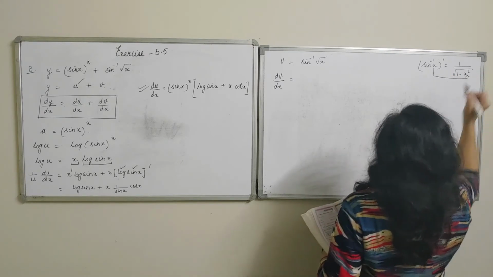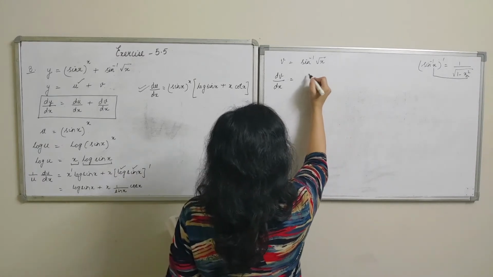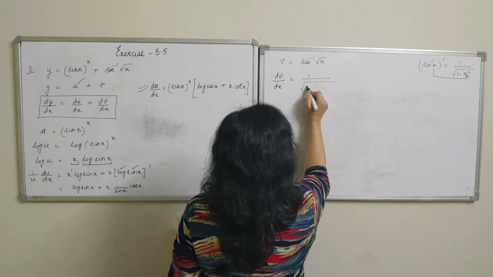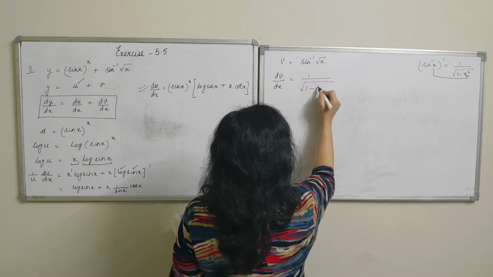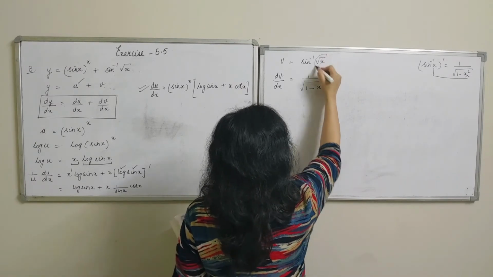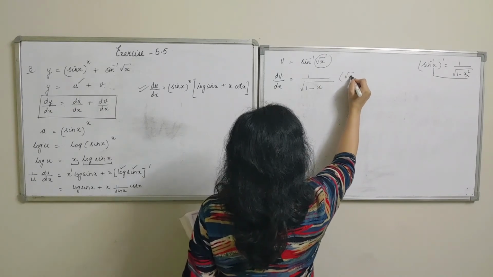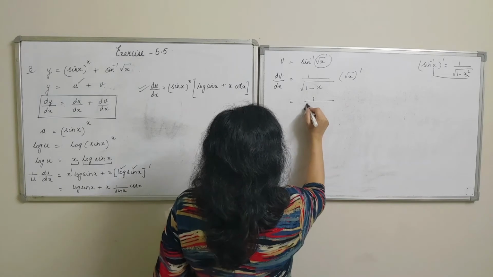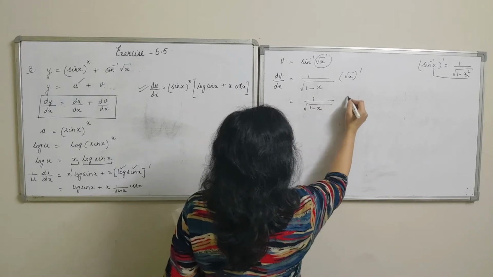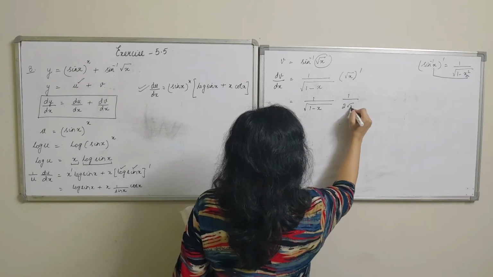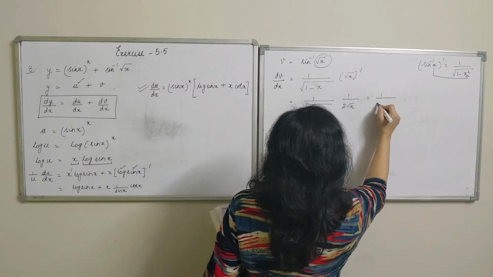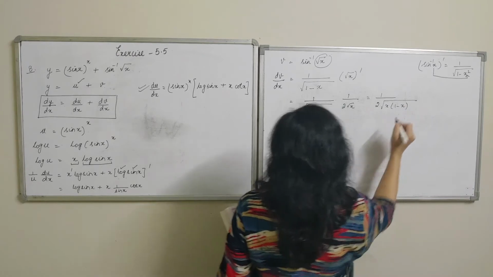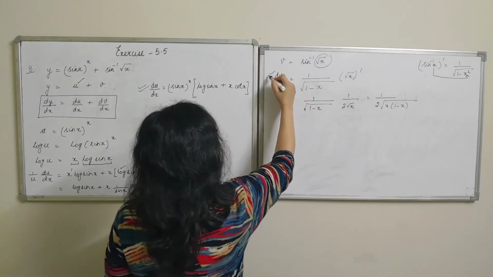This is a composite inverse function, so 1 upon under root of 1 minus root x square, which will be x. Because this is not x, we are going to differentiate root x. So here we have under root 1 minus x, and this derivative is 2 root x, which can be combined as 1 upon 2 under root x into 1 minus x. So this way we have got dv by dx.